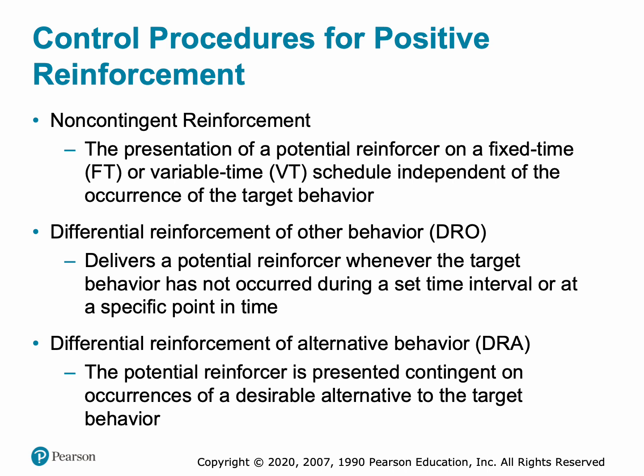Then I'm going to deliver the reinforcer. And I'll do the same thing. I'll start another 2-minute interval. Oh, they didn't get out of their seat. Okay, I'm going to deliver reinforcement. If, let's say, during the third interval, during those 2 minutes, they do get out of their seat at some point, I'll say, oops, sorry, you engaged in the behavior, and so we won't gain access to the reinforcer this time. That's an example of differential reinforcement of other behavior.